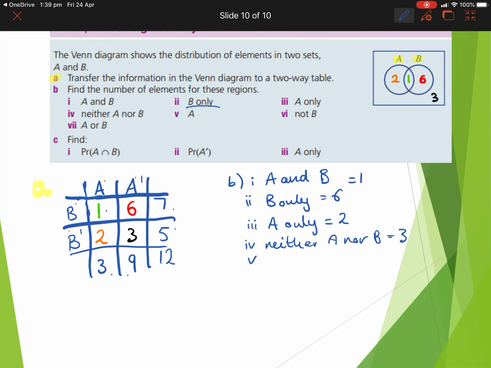5, what's in A? Okay, so the total of A, we need to count this 1 here and this 2 here, which is the 3. Okay, so you can look at, I guess this one is A, all of A, which is 3.